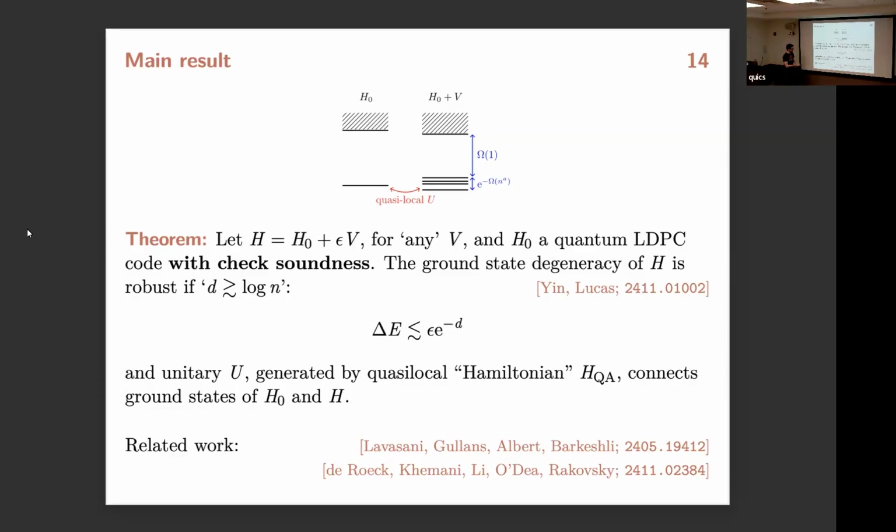And then there's a contemporaneous result by de Rooij et al. that has somewhat different assumptions if we want to nitpick, and a different regime of validity than our result, but morally they have the same result that we do. Okay.